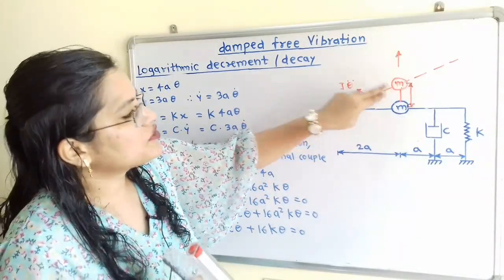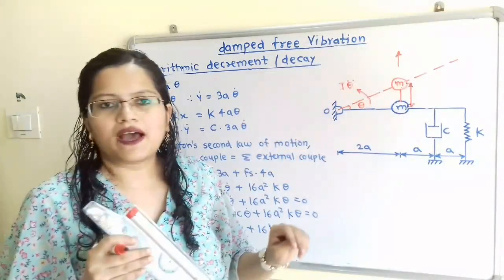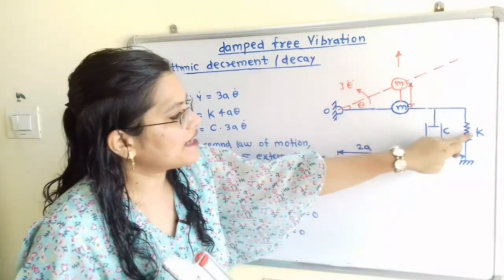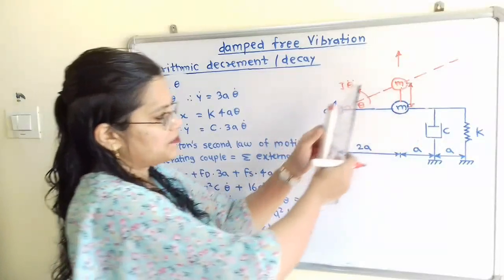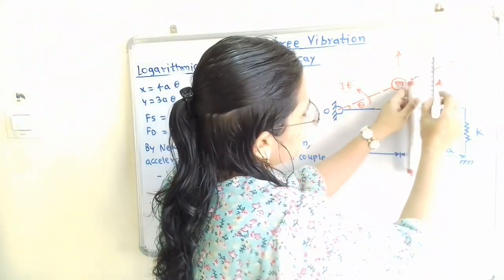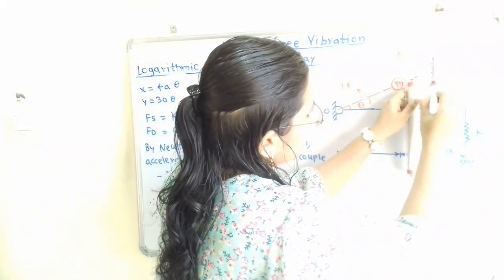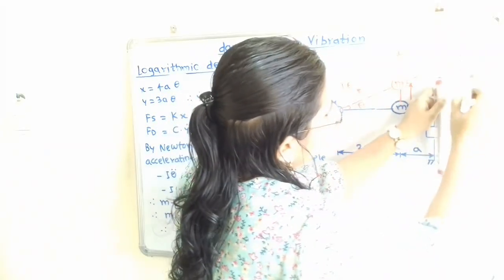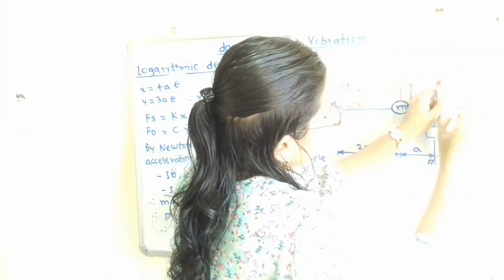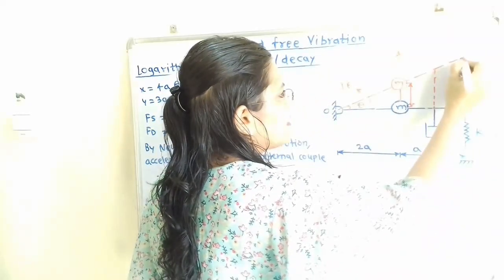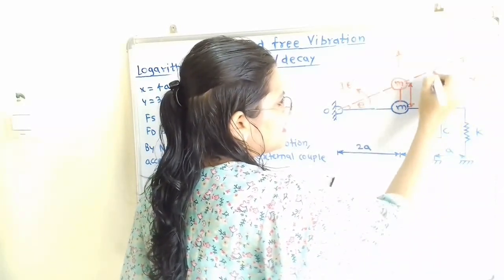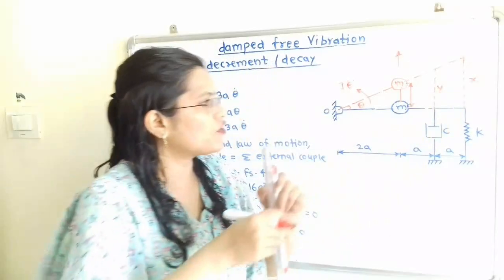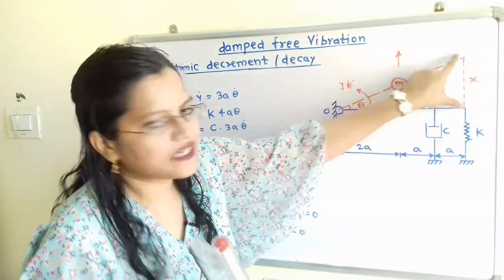Because of the linear displacement of the mass m, the dashpot and spring are also displaced. Now we will show their displacements. Here is the displacement of the dashpot and the displacement of the spring. We will consider this distance for the spring as x and this distance for the dashpot as y, because both distances are different.